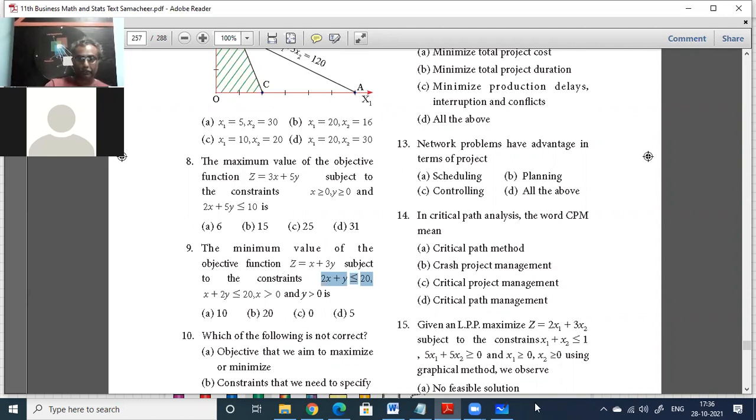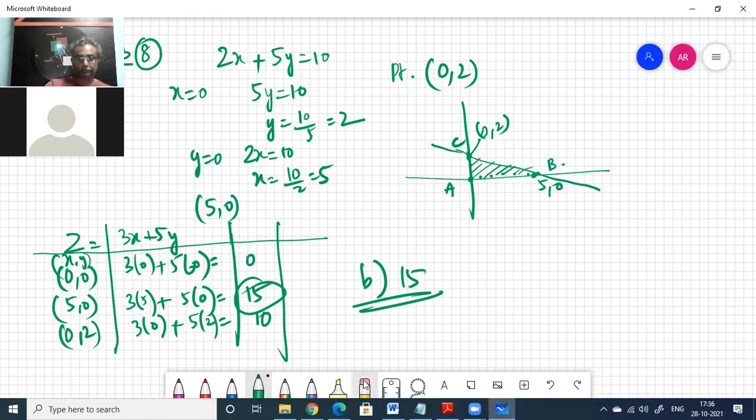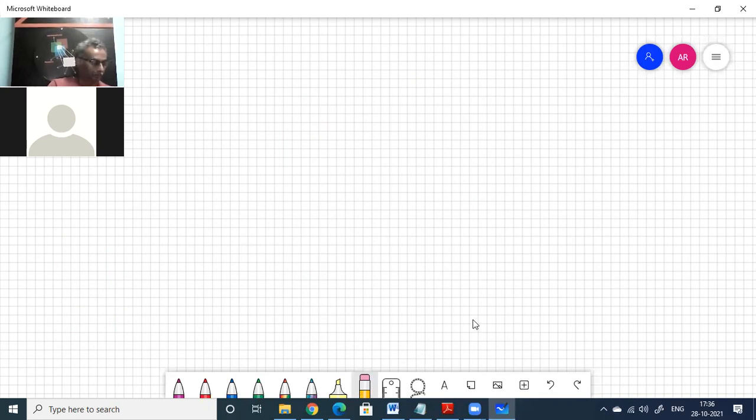Okay, let us do this sum now. Ninth sum. Minimum value we want to find out. 2x plus y equal to 20. x equal to 0, then y equal to 20.